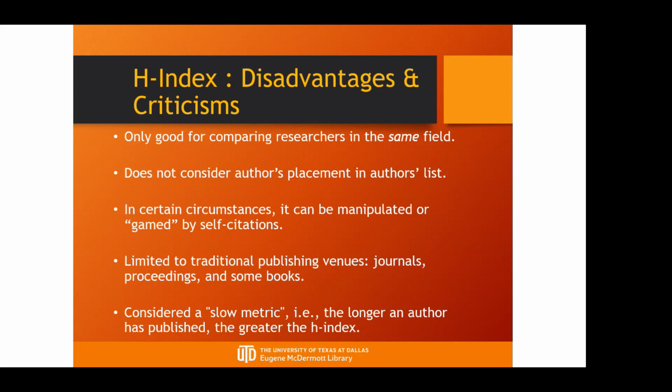There is a handy brief article in Wikipedia that talks about comparing results across fields and what Hirsch had considered to be good scores in some of the fields. And then sometimes the author's placement in the author list is not really considered in the case of the H index.